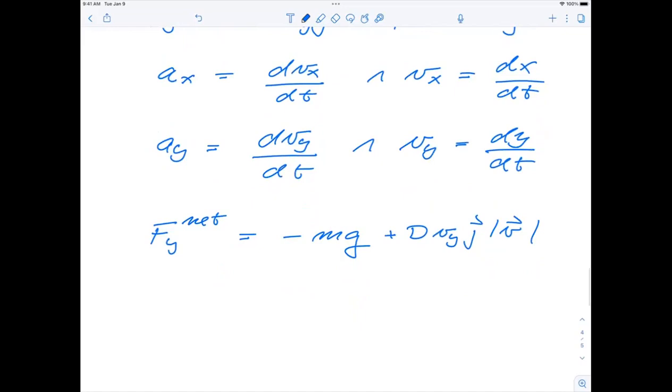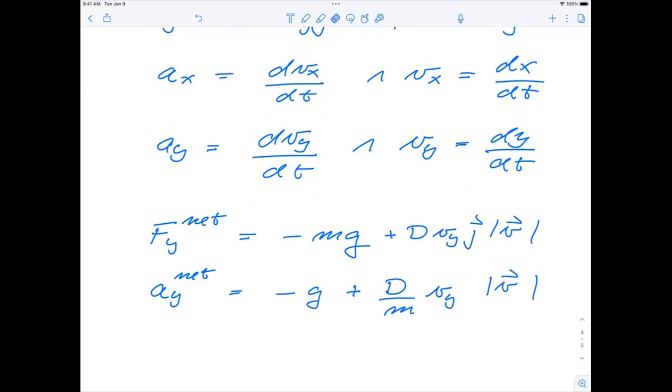So clearly then, my acceleration in the y direction, which we're going to call the net acceleration, is now simply going to be given by minus g plus this constant d divided by m times vy times v. Sorry, I don't have the v, this quantity here.